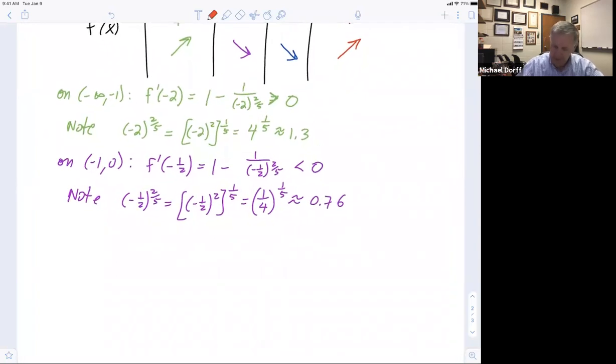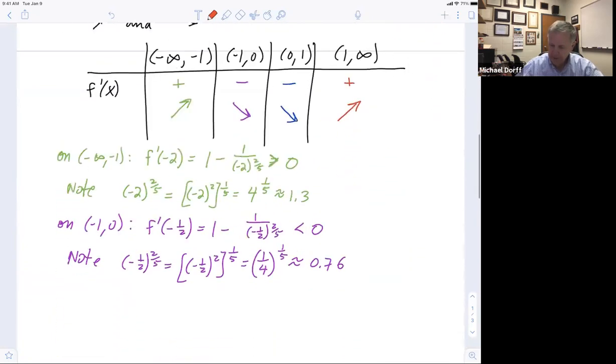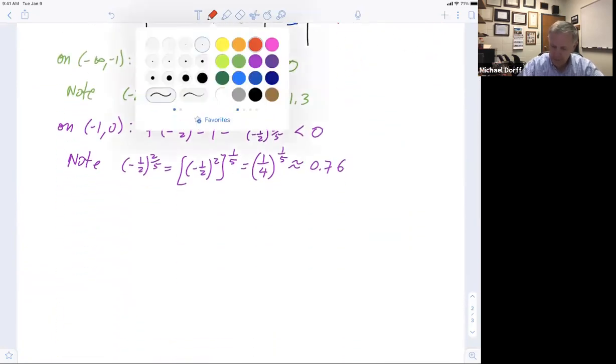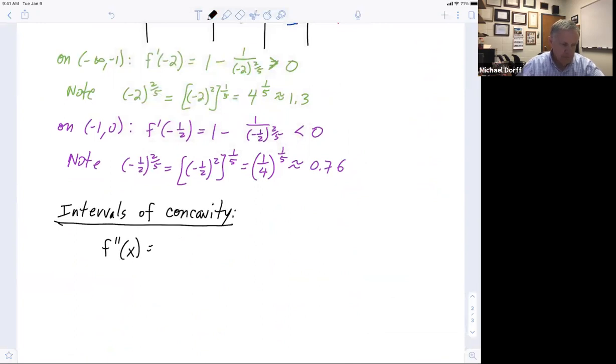So the next part we want to look at: we did intervals of increasing, now we're going to do intervals of concavity, concave up and concave down. So to do this one, I look at the second derivative. The first derivative was 1 minus x to the negative 2/5.